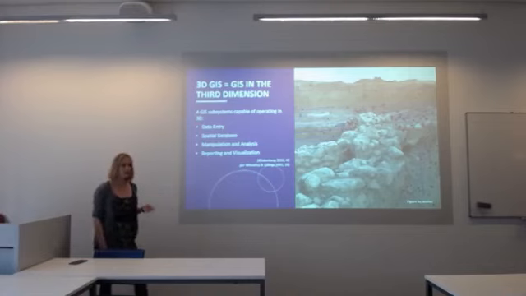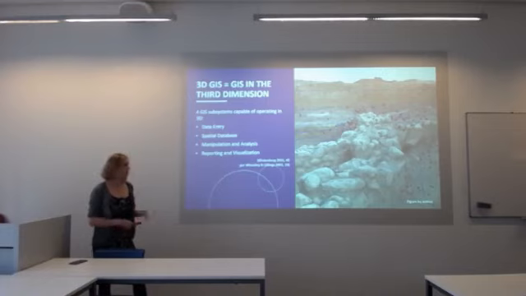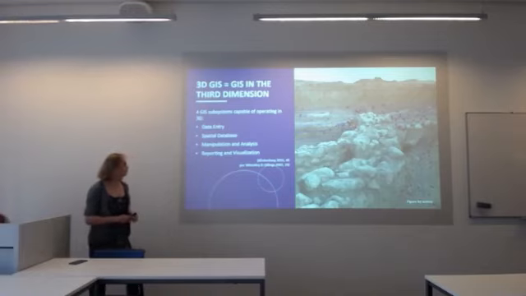These four would be data entry, spatial database, it should allow for manipulation and analysis of the data, and it should be a tool for reporting and visualization. Basically, in order to be considered true 3D GIS, it should be able to act as a GIS system and do all the things that a GIS system would do, except in 3 dimensions.